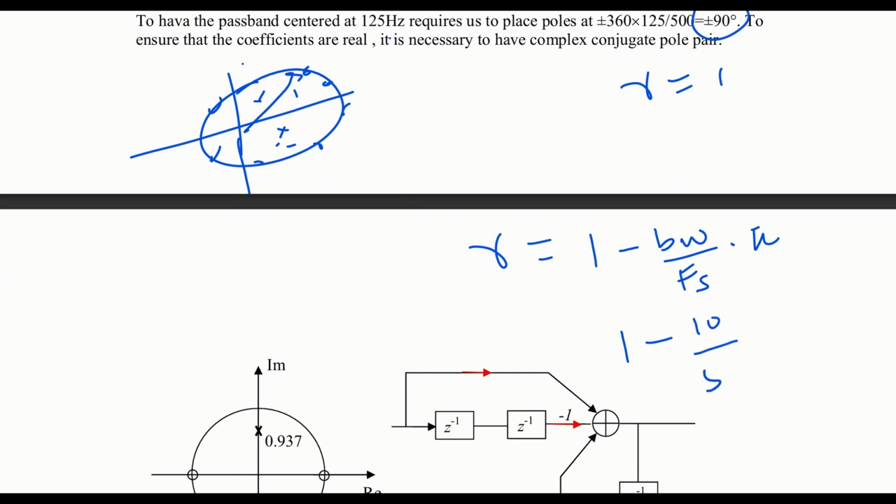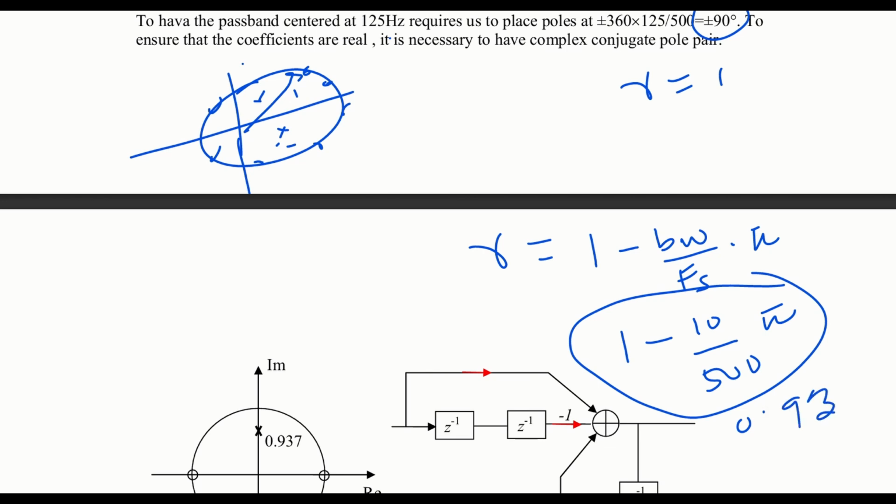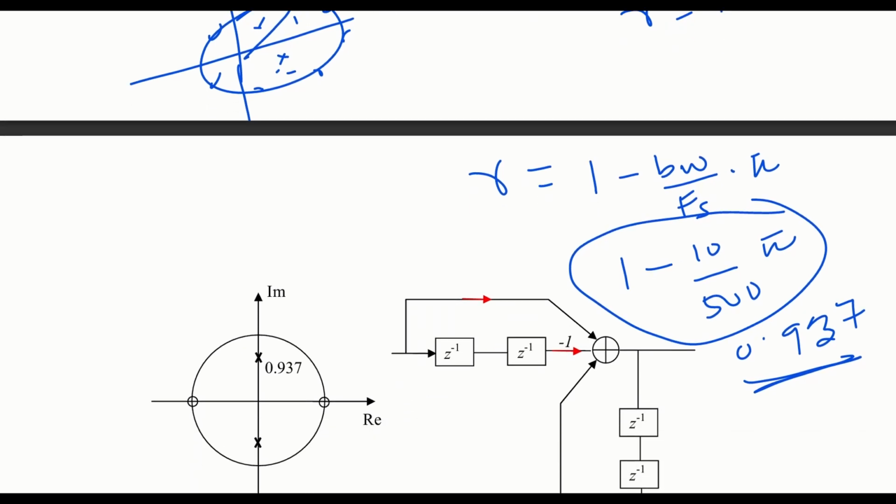I think it was 500, times pi. Now I think when you put this in your calculator, I get something like 0.937. Now this is the radius for the poles, not the zeros, because the zeros will lie on the unit circle.